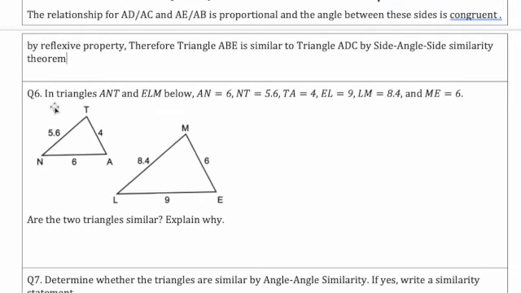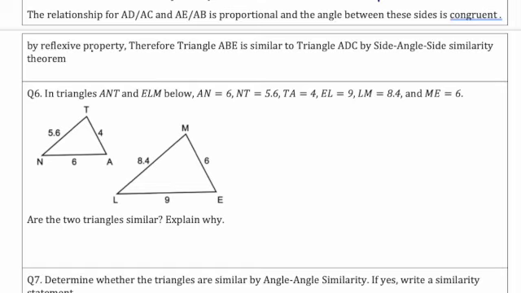Okay, question 6, in triangle ANT and ELM below, AN is 6, NT is 5.6, TA equals 4, EL equals 9, LM equals 8.4, and ME equals 6. Are these two triangles similar? Explain why.